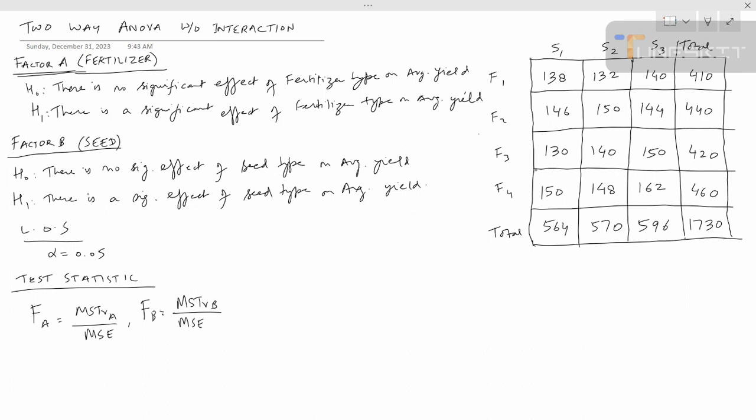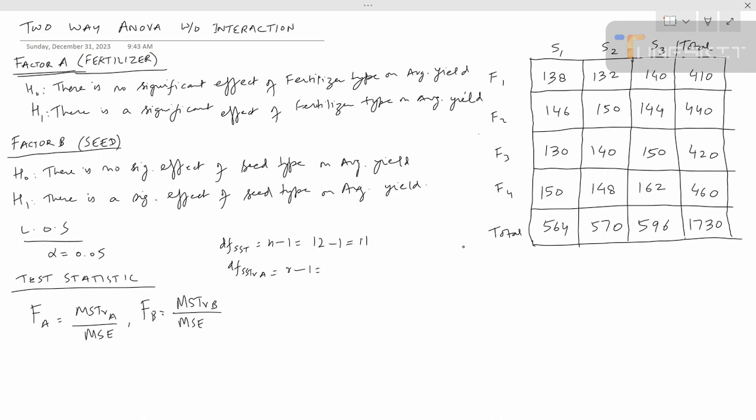Now if we consider the total number of observations given in the table are 12, that would give us DF for SST as n minus 1, that is 4 times 3 is 12, take away 1 gives us 11. Degrees of freedom for the factor that we have introduced in rows, that is SSTR of A, would be R minus 1.